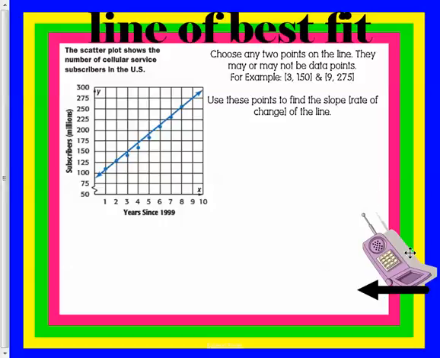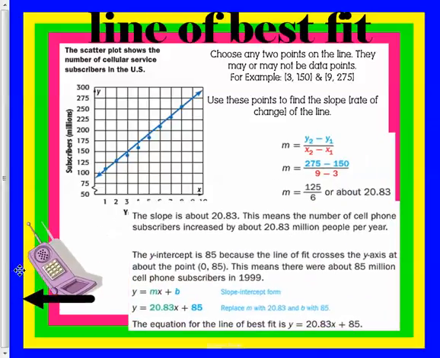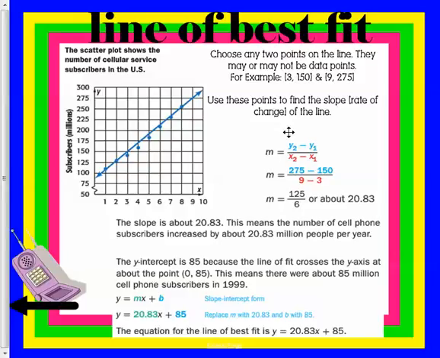We're taking functions, and we're taking what we did with slope and applying it to line of best fit. So remember, you have to first find m, your slope. Take your y's, remember doing this? y2 minus y1 over x2 minus x1. And when we do this, we get about 20.83.